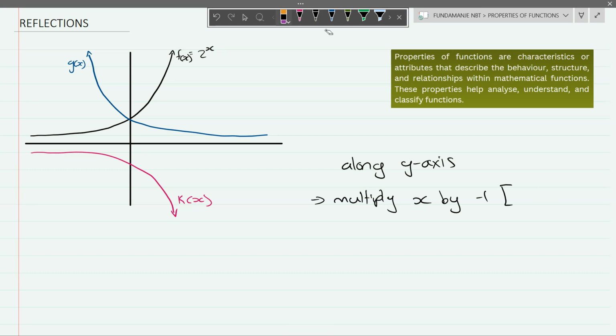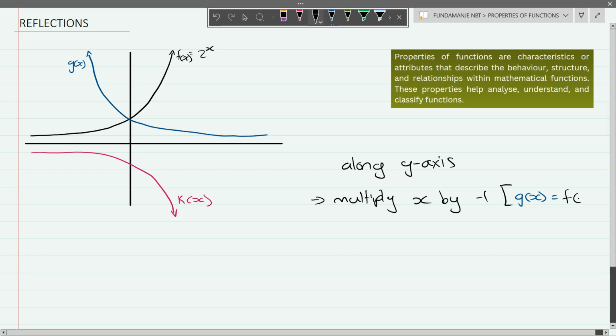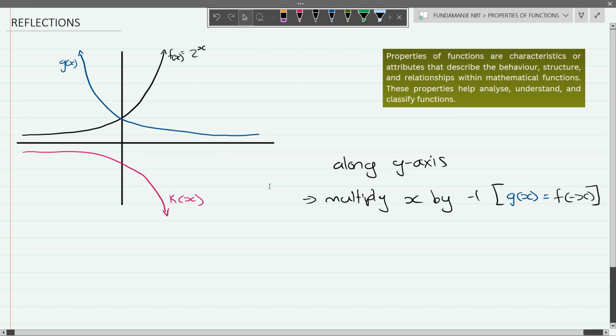So if we were to rewrite that with the blue, that would be g of x is equal to f of x, except we negate the x. So wherever we see an x, we multiply it by -1. This is reflection along the y-axis.